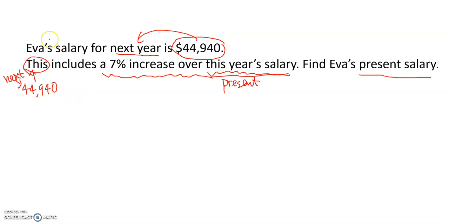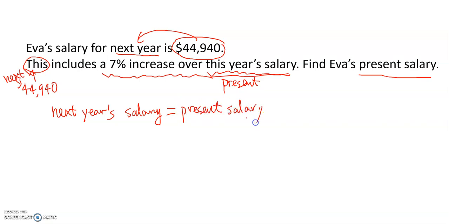Let me write down the relation first. Next year's salary is equal to this year's salary, or let's call it the present salary, plus the 7% increase, plus the increase.